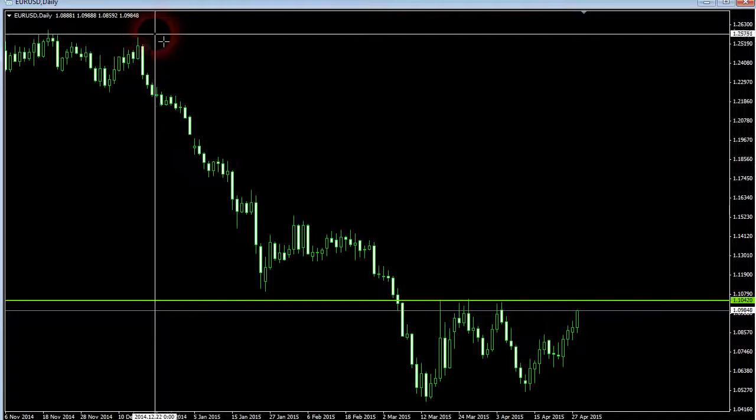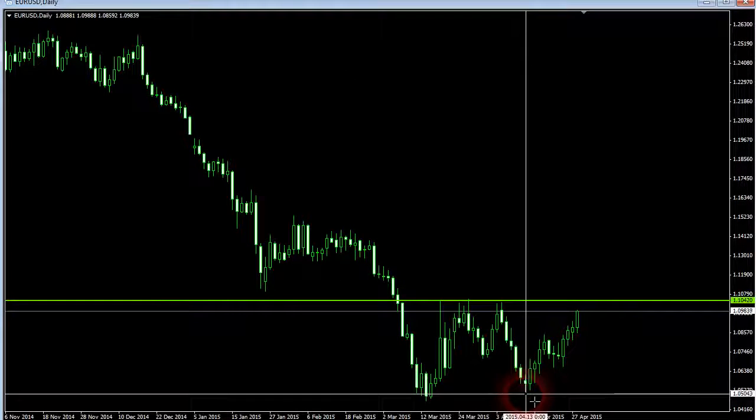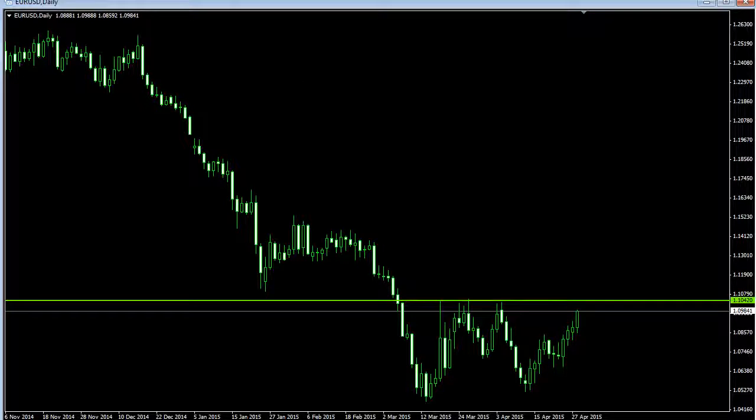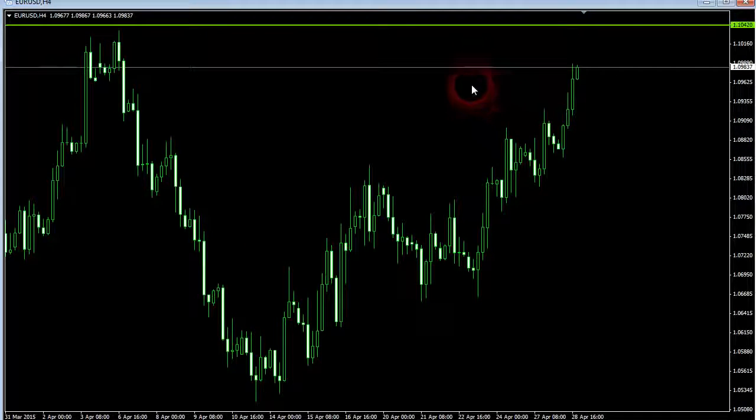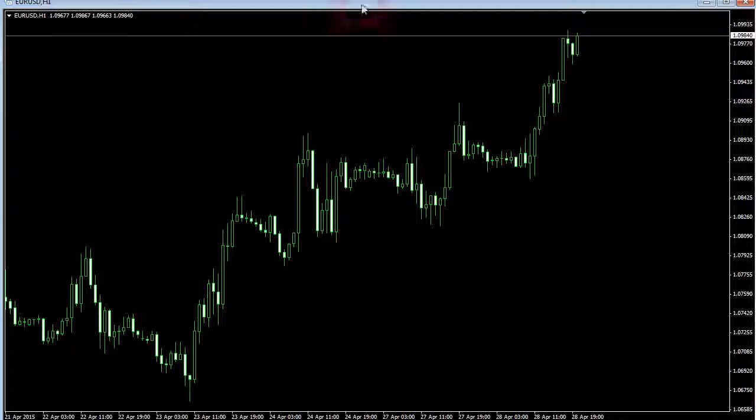You know the major trend is going down, but there is a small retracement coming. So let's scroll down. This is the 4-hour time frame. You see the price has been there before. Okay, so now we know that this is how you analyze every time frame.